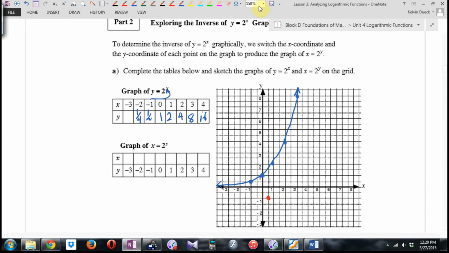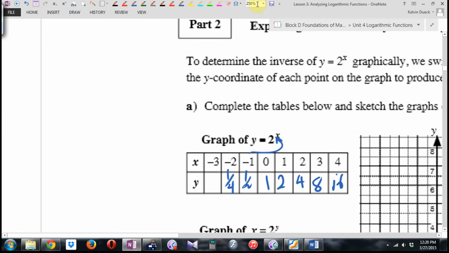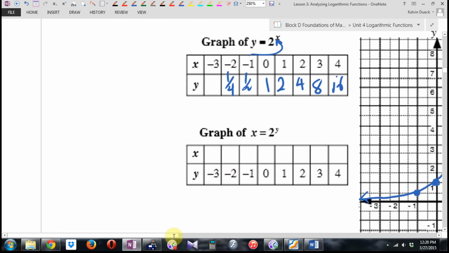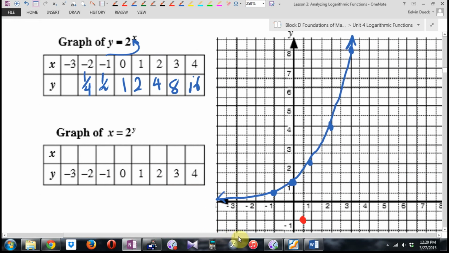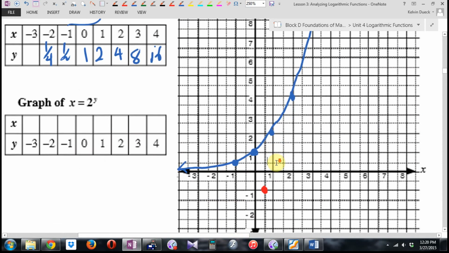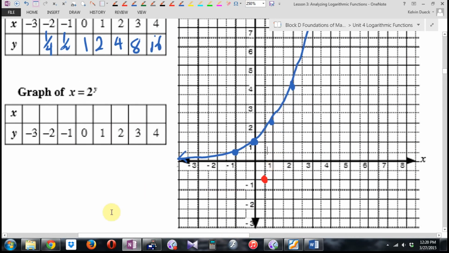See if I can make this a bit bigger for you guys. That'll fit. This point right here is 0, comma 1. What will my inverse go through?